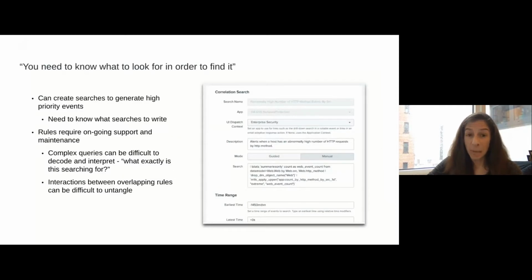So oftentimes, because this is such a manual time-consuming effort, organizations will create and save frequently used searches in advance. These searches are often designed to flag suspicious activity. So for example, an unusual number of requests from the same IP within a limited time frame. In order to write these searches, you really need to have an idea of what you're looking for.